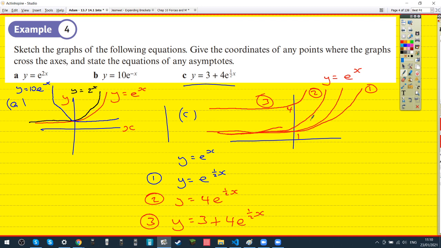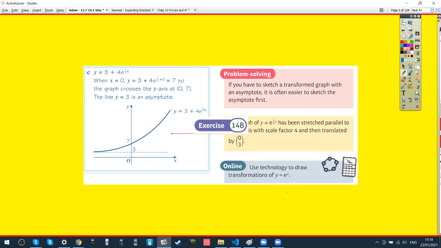This one was a stretch in the y direction, scale factor 4. So its y-intercept was 1. Then 4e to the half x will be there at 4. And so then that other one would be at 7. Yes, I messed up.